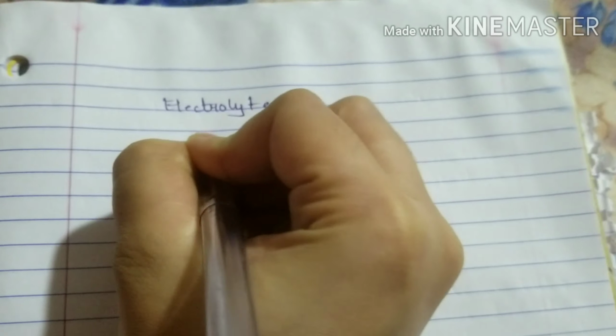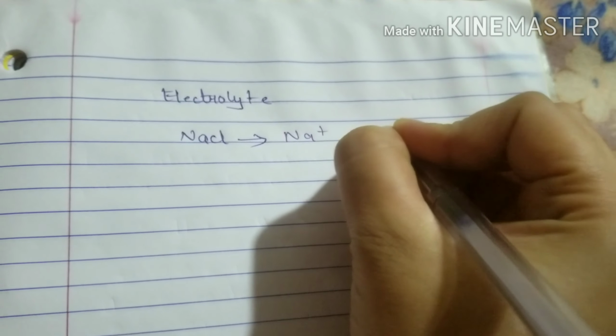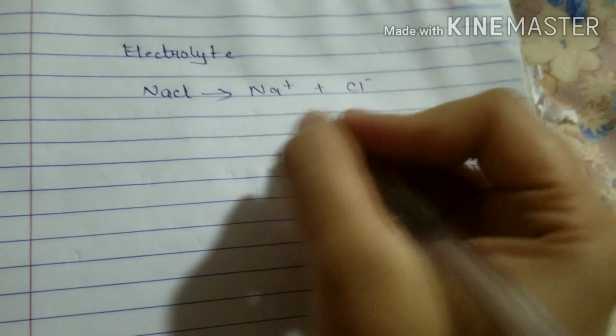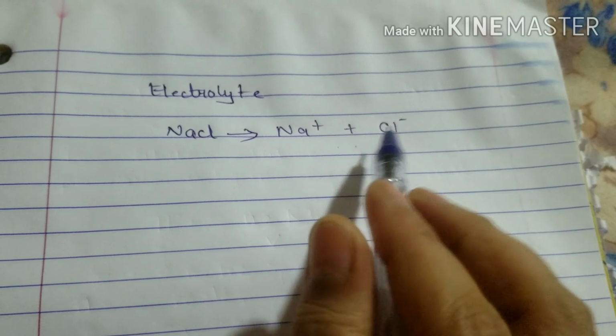Now, why is it so? If you are taking an electrolyte, say NaCl, it is going to split up as Na+ plus Cl-. So you can see here your NaCl is getting dissociated into Na+ and Cl-.